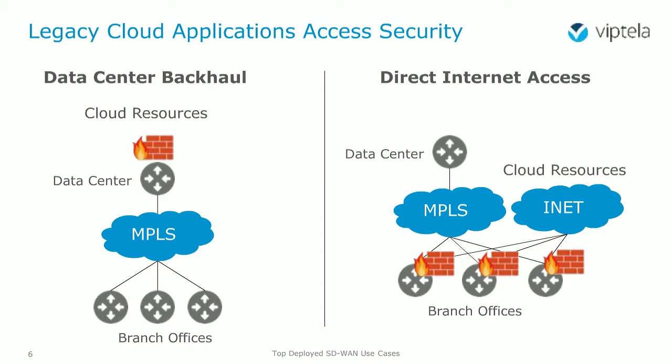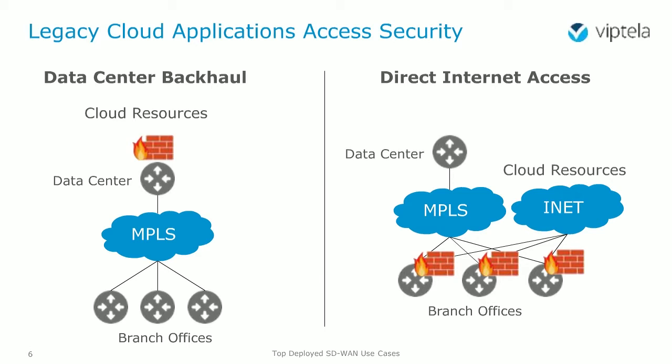The second model is direct internet access from the branch offices. That's where organizations have direct access into the internet from the branch offices. And since those branch offices now become internet access points, they need to be secured. The traditional way of securing those is to provision a firewall in every single branch office.